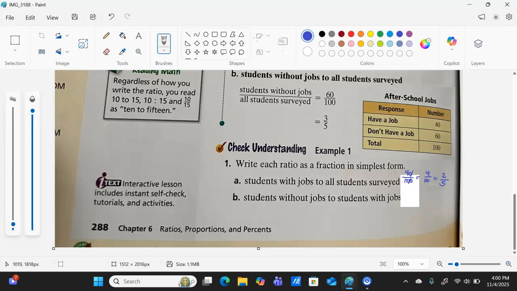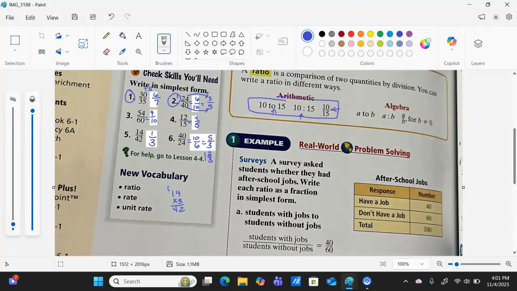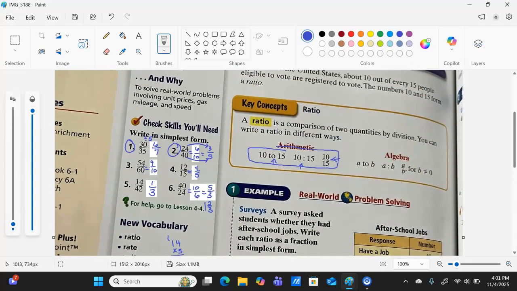And then here, students without jobs, which was 60, to students with jobs, which was 40. Again, we can reduce those by 10, and we get 6/4, which will reduce to 3 over 2. We will leave it as 3 over 2. With a ratio, you won't want to switch it to a mixed number, because if you look right up here at the ways a ratio can be written, you don't see a mixed number in there.